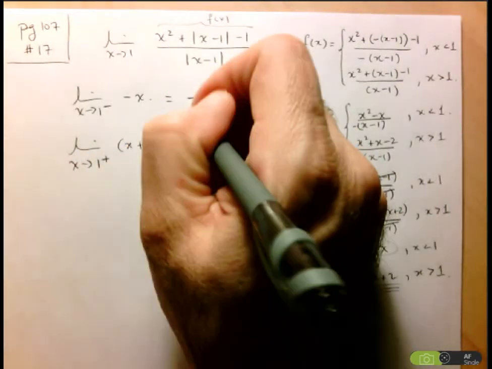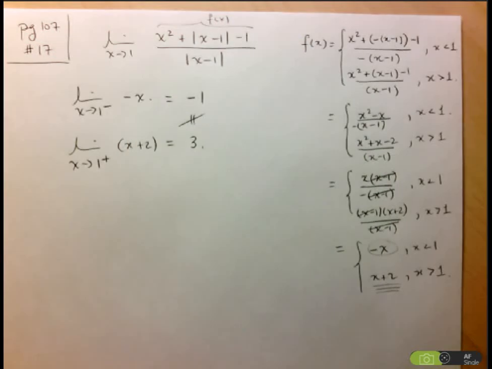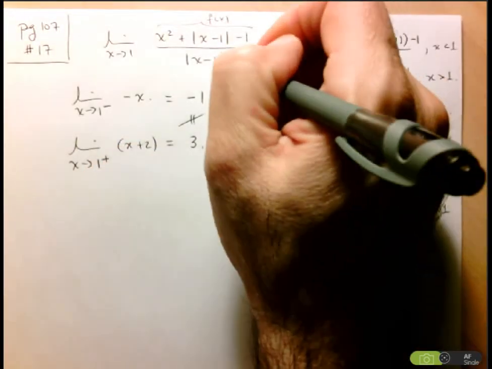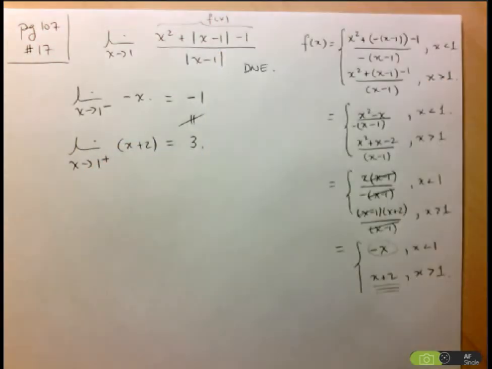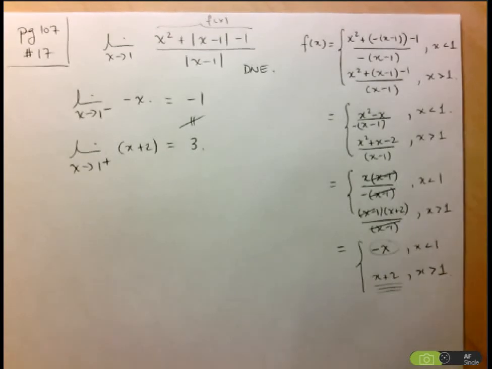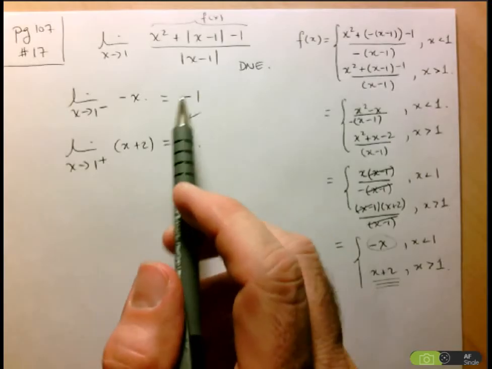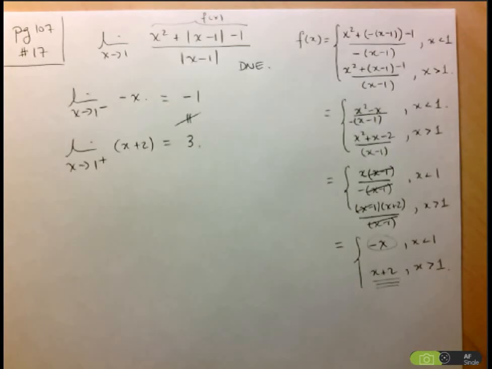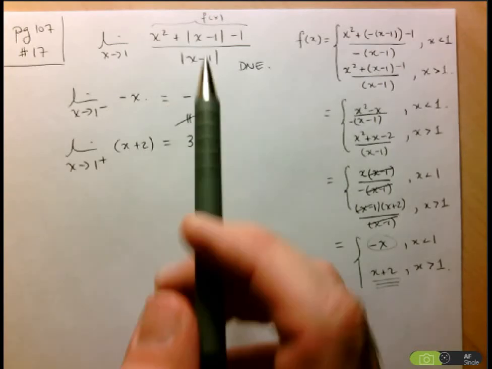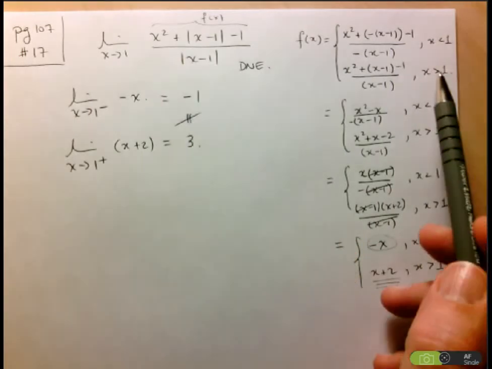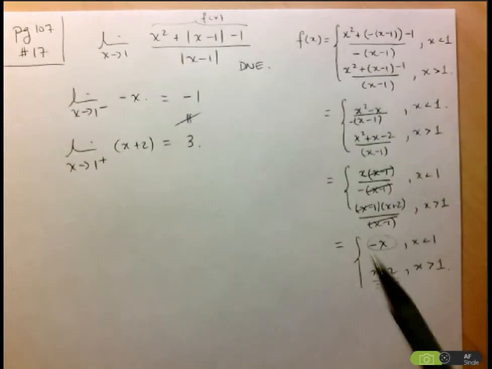And so here, since these are not equal, we can say that the limit does not exist. Okay, so again, just to recap, anytime you have to deal with a function that has an absolute value term and you have to do some kind of operations, you really have to first write the function in piecewise form and simplify it as much as possible.